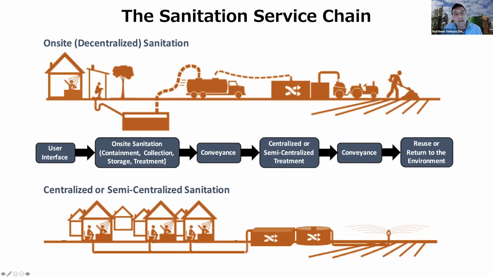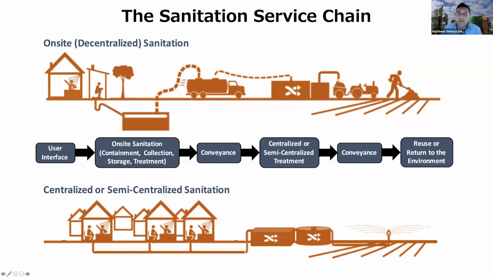It continues with on-site containment, collection, storage, or treatment. I already gave the example of piped sewer systems where sewer pipes convey the waste away from the households to a centralized treatment plant. However, many households utilize septic systems or some variety of a pour flush toilet, where the waste from the toilet goes into a septic tank.